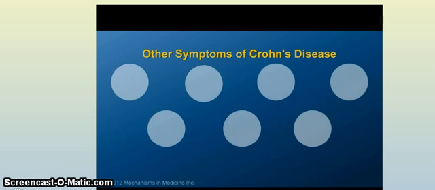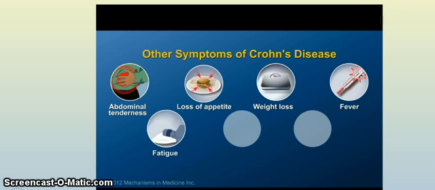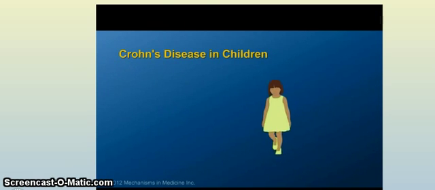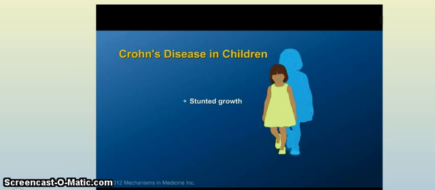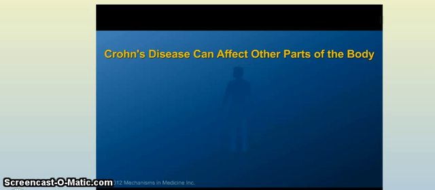Symptoms involving the GI tract can include abdominal tenderness, loss of appetite, weight loss, fever, fatigue, rectal bleeding, anal skin tags, and ulcers. In children, Crohn's disease may result in stunted growth and a failure to thrive. In addition to symptoms involving the GI tract, Crohn's disease can affect other parts of the body.